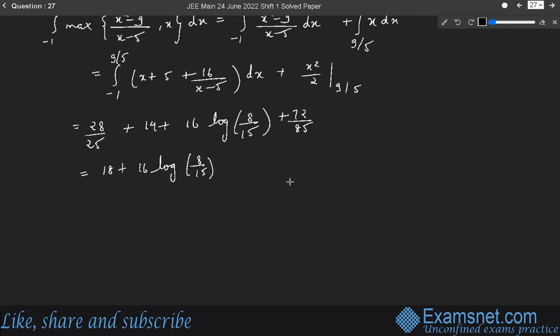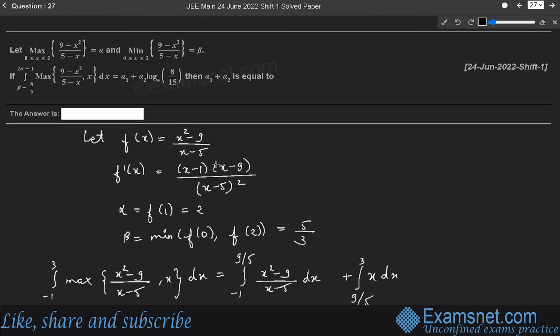It is clear that here alpha 1 is equal to 18 and alpha 2 is equal to 16. So we have to find the sum. So alpha 1 plus alpha 2 will be equal to 18 plus 16, which is equal to 34. Hence, we can say that alpha 1 plus alpha 2 is equal to 34. So the correct answer is 34. I hope this question is clear to you.